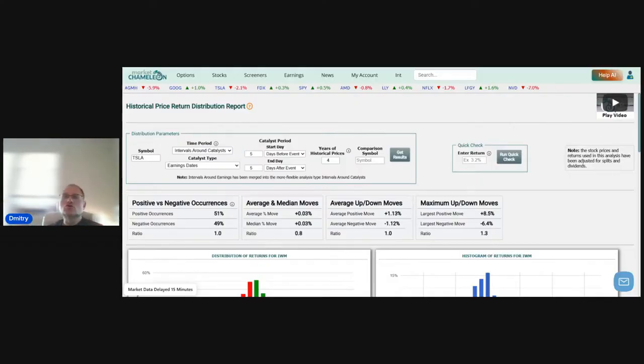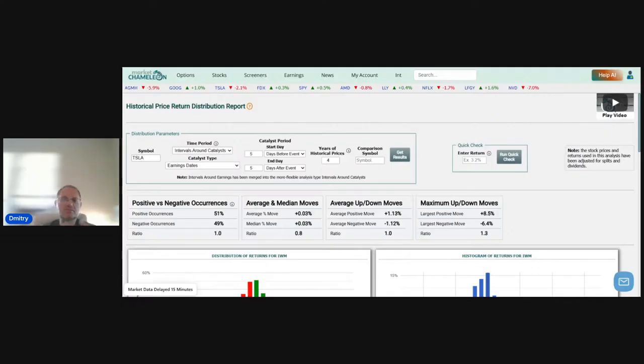Because those are announced ahead of time, traders start to reposition, hedge, and express their opinion heading into that earnings. So we will see a pickup in trading activity and volume heading into that earnings announcement. But how does that affect the stock behavior usually? That's what we're going to see. How does the stock behave?